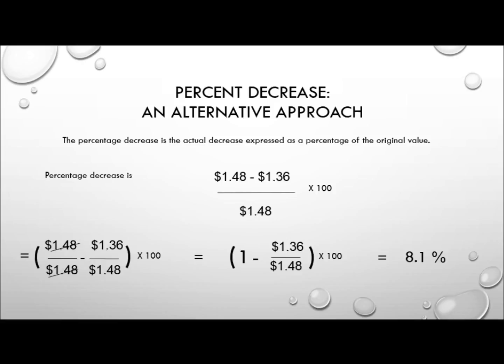Now $1.48 divided by $1.48 is just 1 because anything divided by itself is 1. So when you see 1 minus the new value over the old value, that's the same calculation as the difference between the old value and the new value, all divided by the old value.